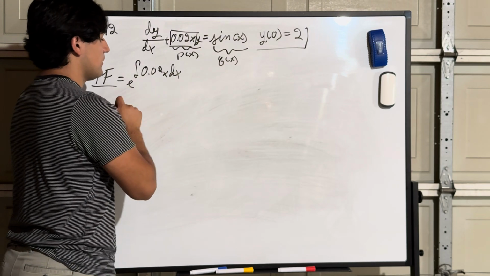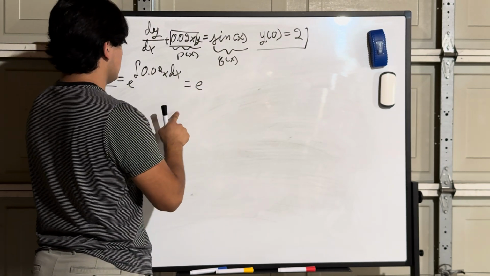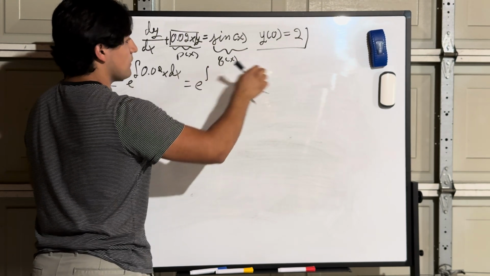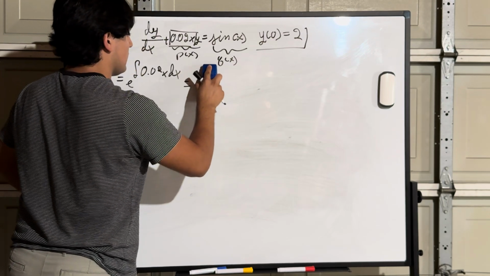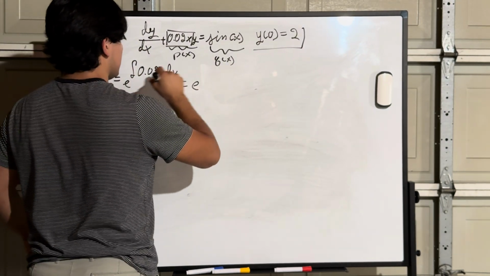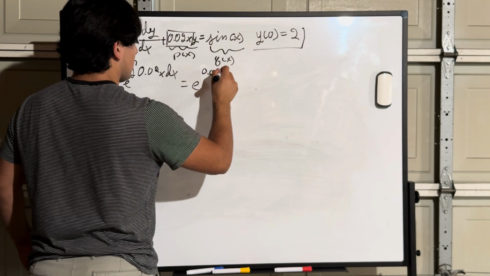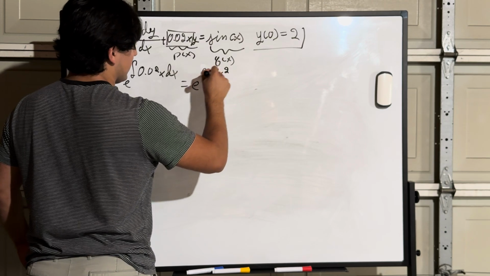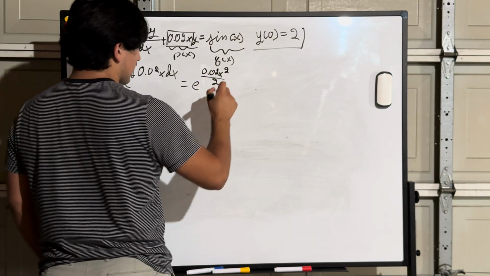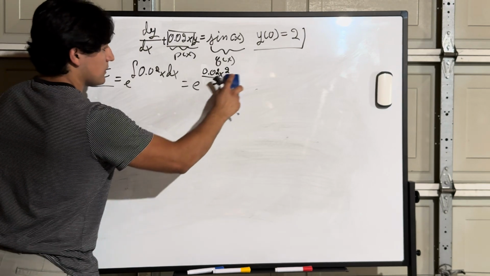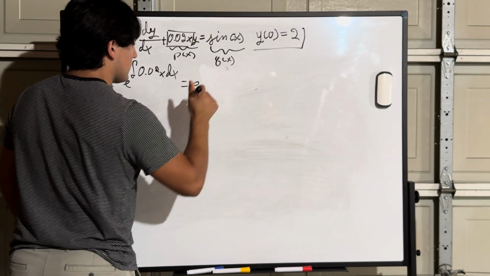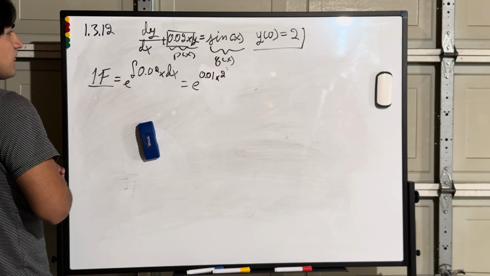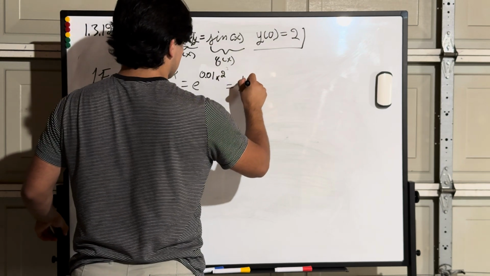So this is equal to e to the 0.02 x squared over 2. But divide that, you get 0.01 x squared. Yeah, this is your integration function.